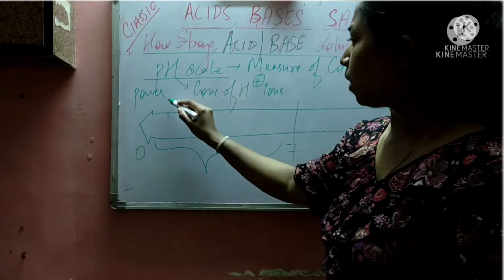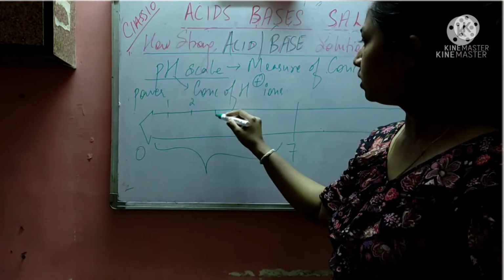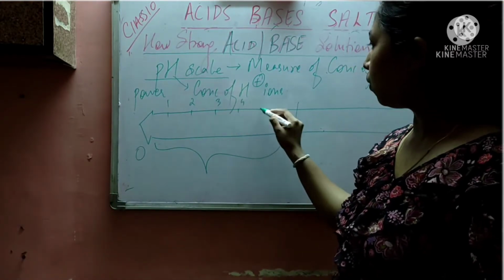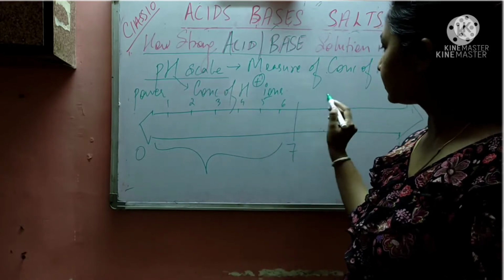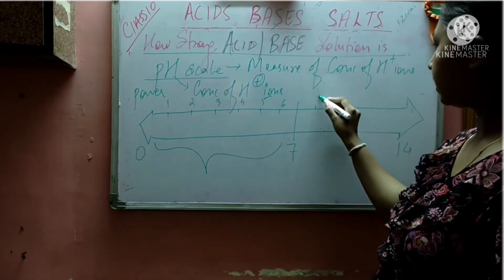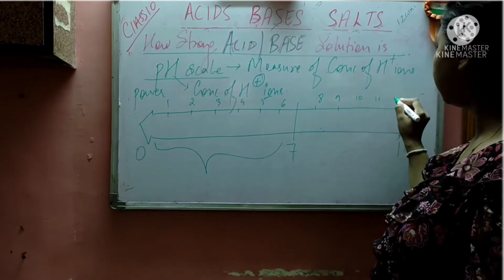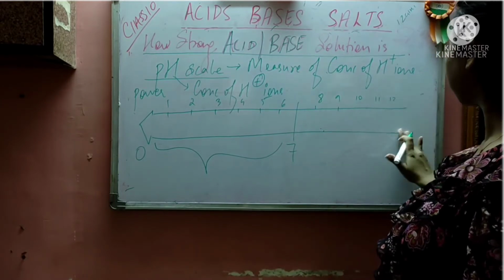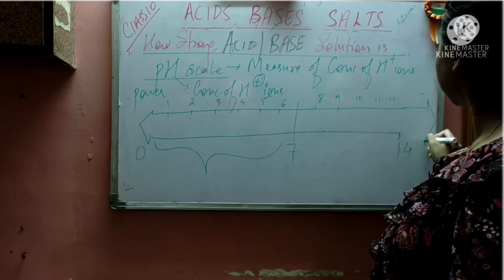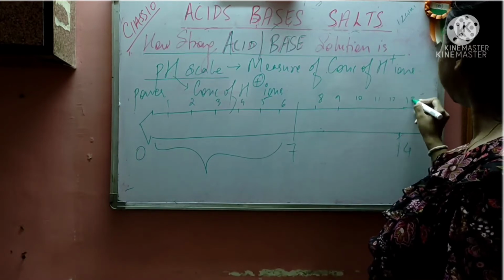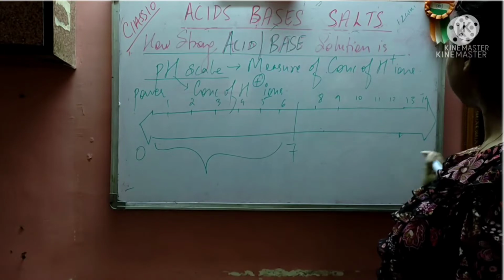This is a pH scale: 1, 2, 3, 4, 5, 6, this one is 7, 8, 9, 10, 11, 12, it's 13 and this one is 14.